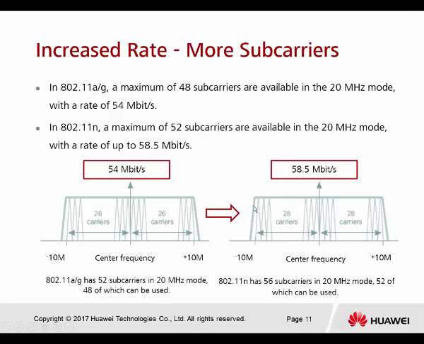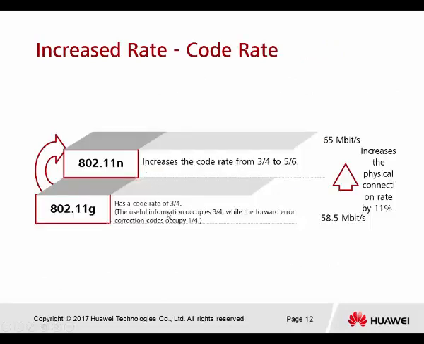So this is the reason why the speed can be increased from 54 megabit per second to 58.5 megabit per second. For the previous one, the code rate could only support 1/2 or maybe 3/4. With version 802.11n, they can change the code rate. The previous maximum was only 3/4.